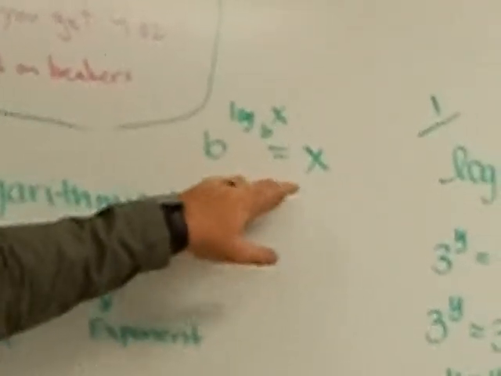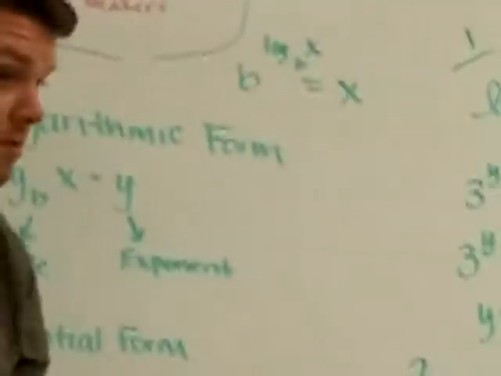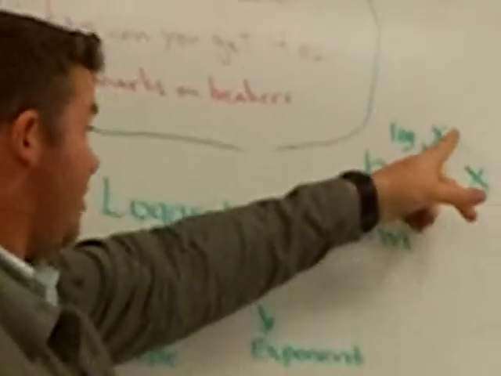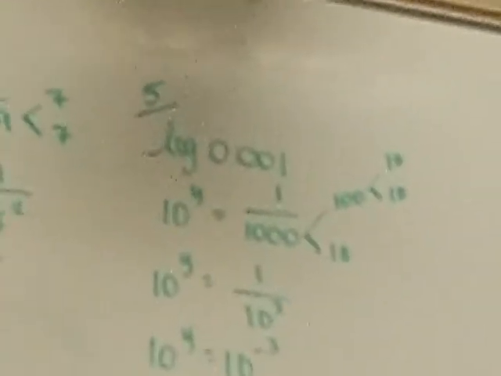Alright, look at this rule. B raised to the log base B of x equals x, always. If this base and that base are the same, it always equals x, or whatever you're taking the log of. For example, what's the base here?